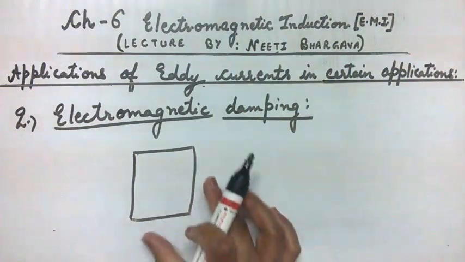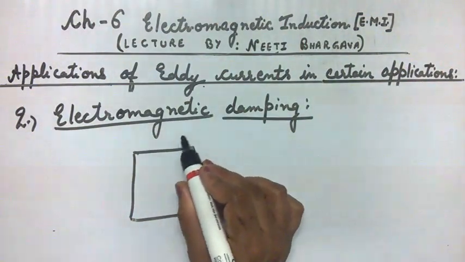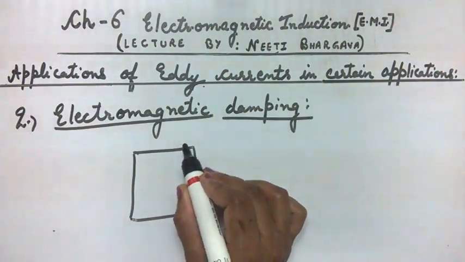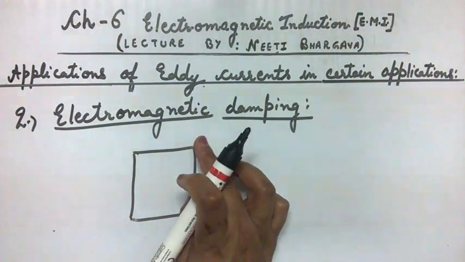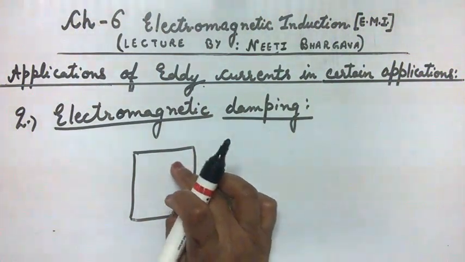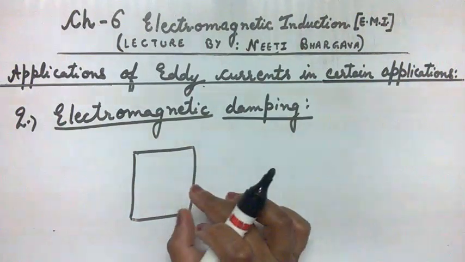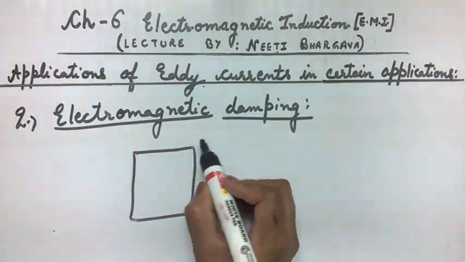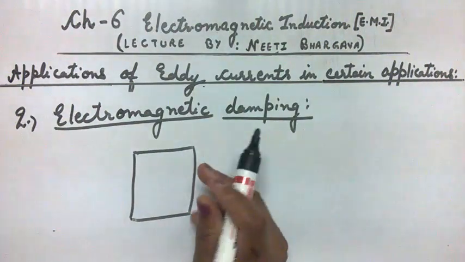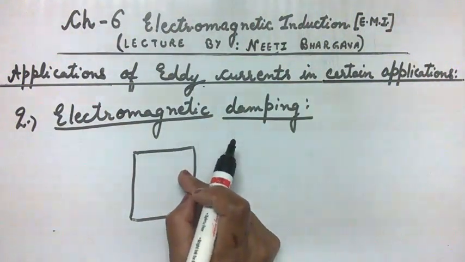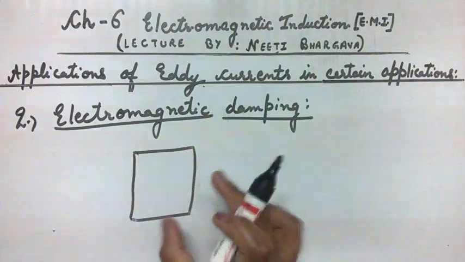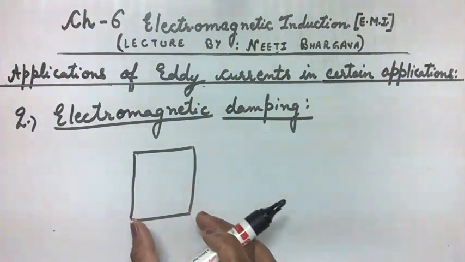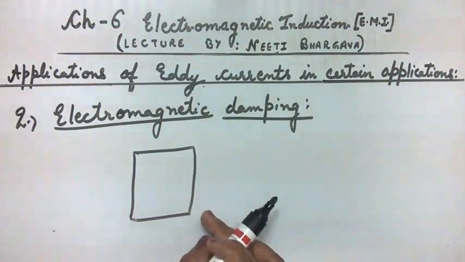Because of this, when current passes through this conducting frame, eddy currents are induced within this frame. These eddy currents oppose the torque which is produced in the moving coil galvanometer. Thus it stops the coil very quickly and makes it a deadbeat galvanometer.